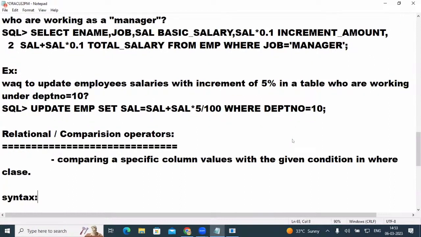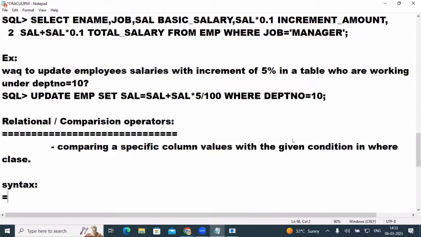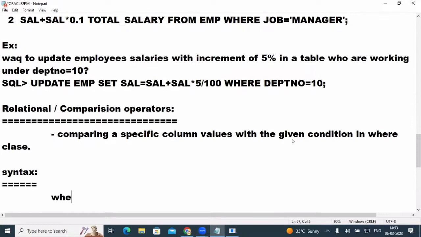And the syntax of comparison or relational operators. Here I want to use where, and you should pass your column name. After that, you send your relational operator. Then after that, send your value.